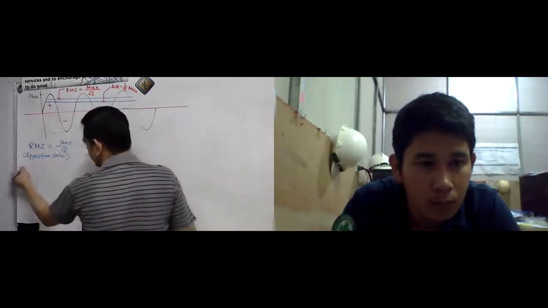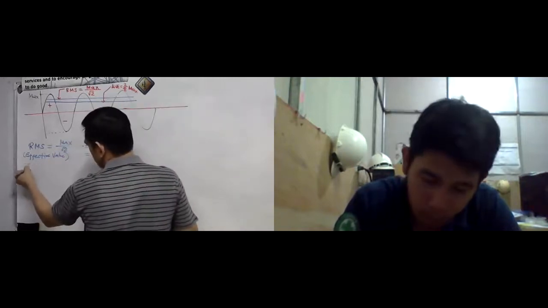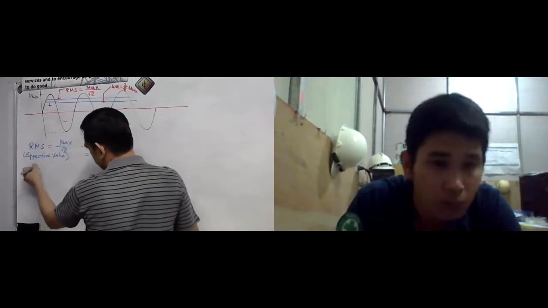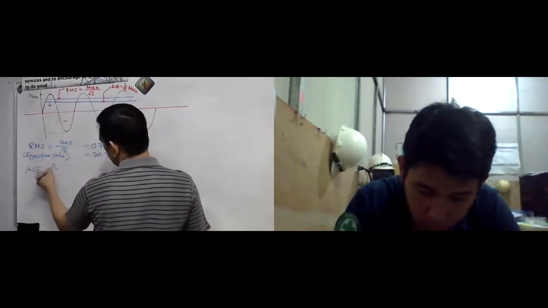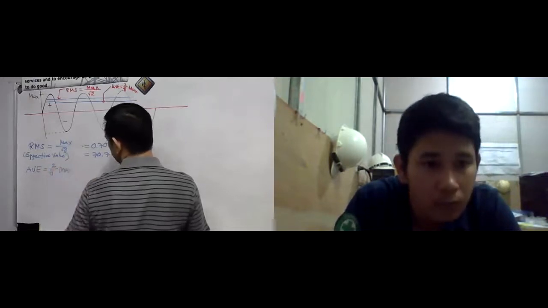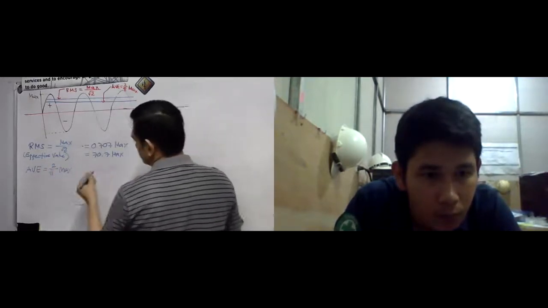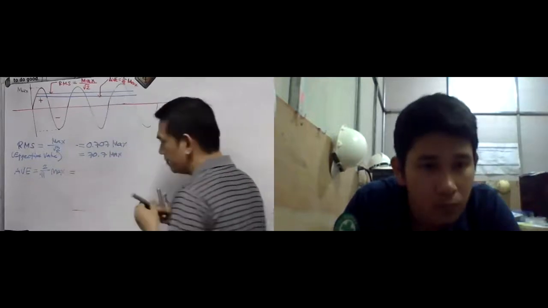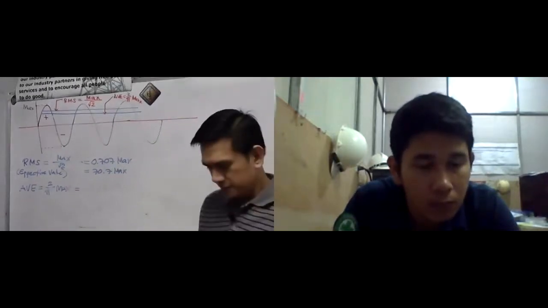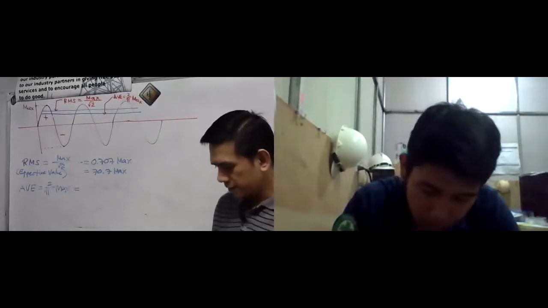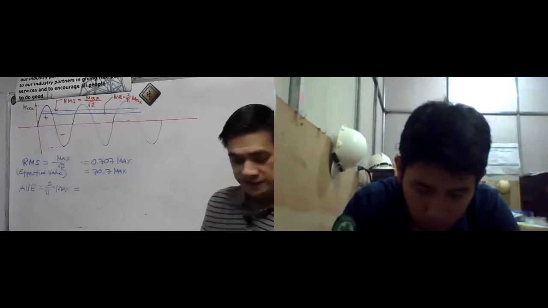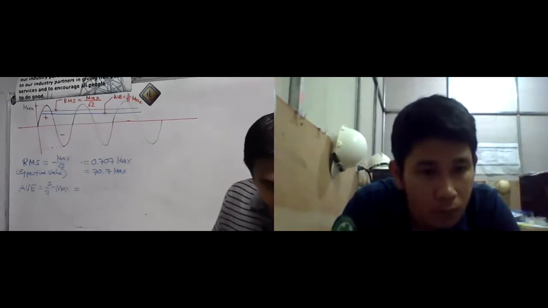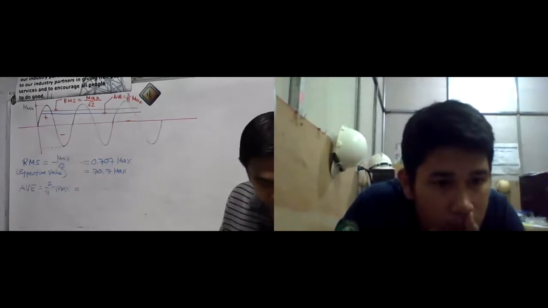So we have here our average value. So what is the average value? Okay. So we have here our 2 over pi multiplied by the maximum value. So what is 2 divided by pi? So we have 2 divided by pi, that is equal to 0.6366. 0.637.